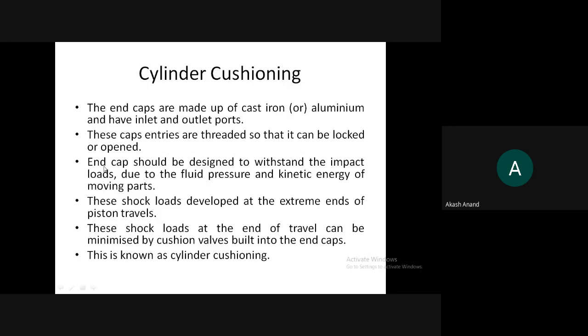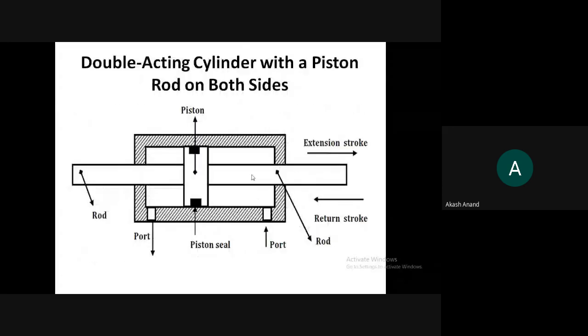Why? Because the end cap should be designed to withstand the impact load, that is an instantaneous load of high magnitude. Okay, so impact load due to high pressure and kinetic energy of moving parts, that is the piston. So due to the higher fluid pressure value and the higher magnitude of kinetic energy of the moving parts, we have to protect the end cap.